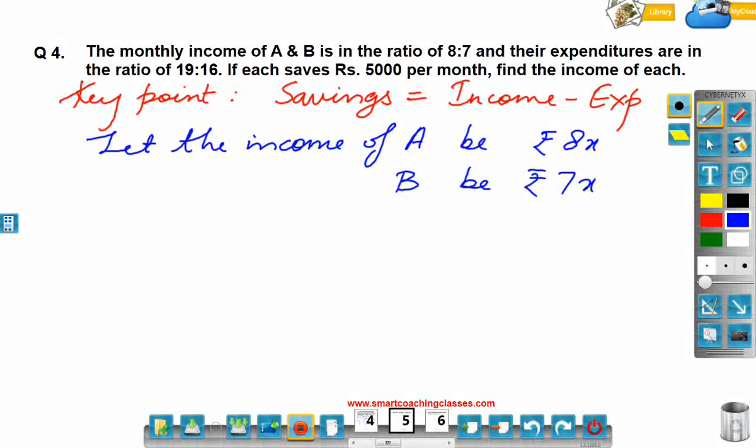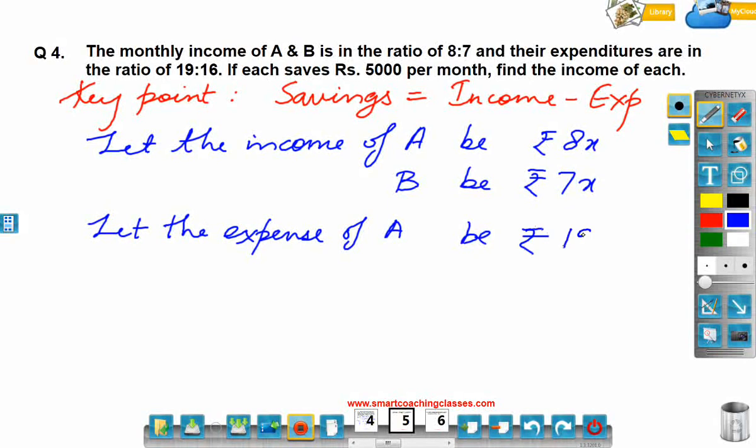Now, similarly, let the expense of A be, I'm sure you are able to guess now, 19y. And similarly, of B it will be 16y.